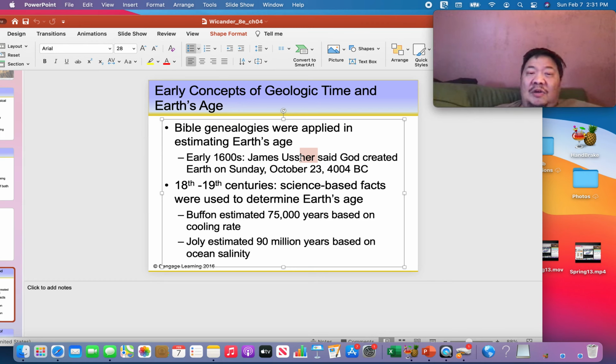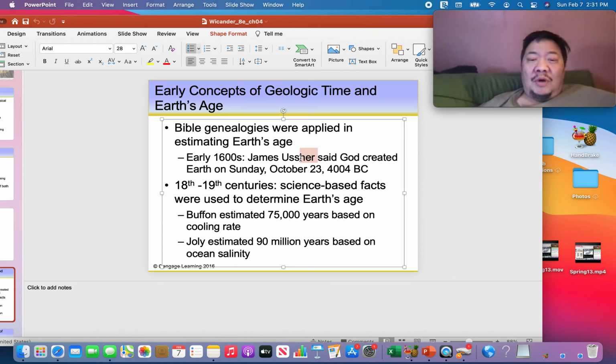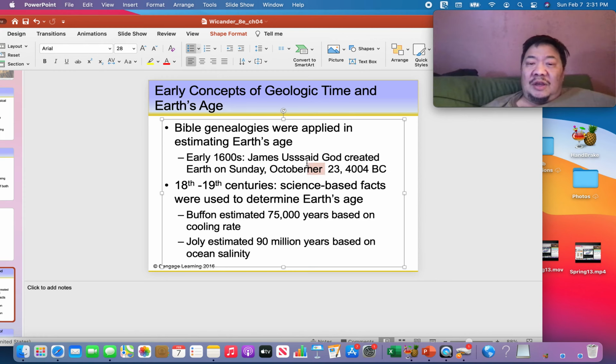King Henry VIII, king of the United Kingdom, wanted to know how old the Earth was. So he asked James Ussher, the Archbishop of the Anglican Church, to figure out how old the Earth was.